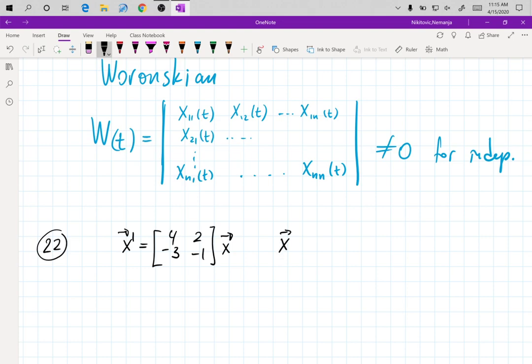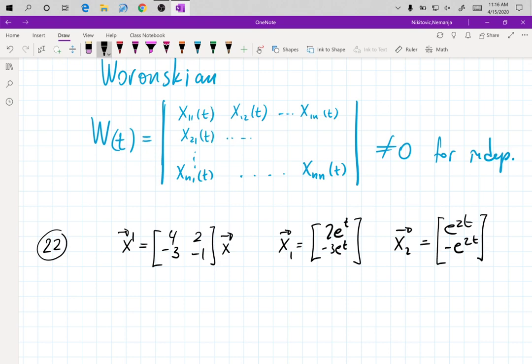And then we have our x1 solution given as the vector 2e to the t, -3e to the t, and x2 is equal to the vector e to the 2t, -e to the 2t. So that's what we have.